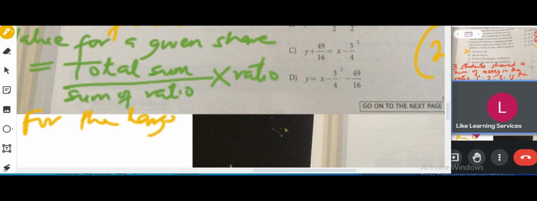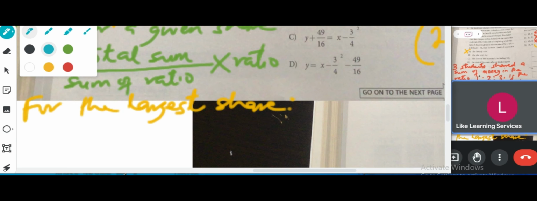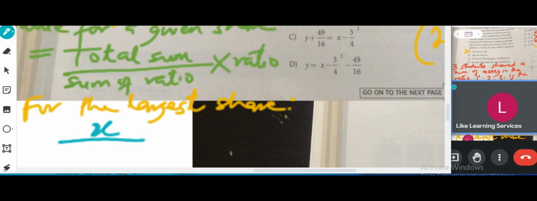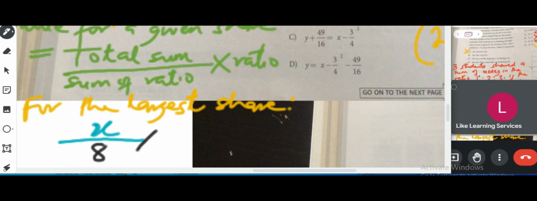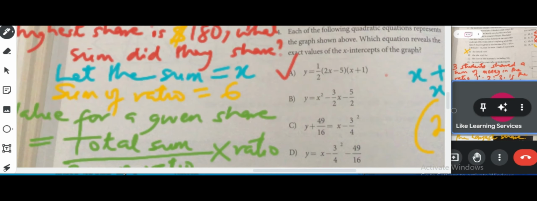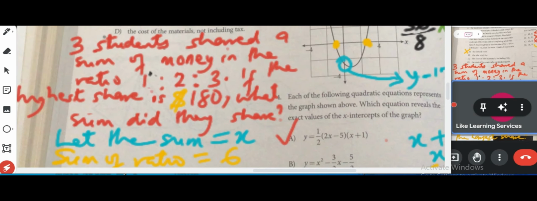I just want to treat a principle. For the largest share, we do that total that we're looking for, x, over sum of ratio, which is 8, times that particular ratio. Which ratio got the highest share? 3, yes, times 3.